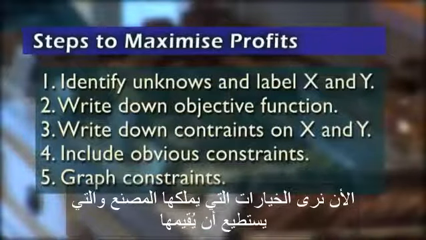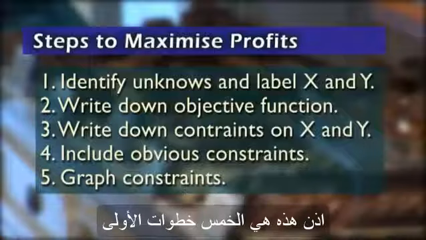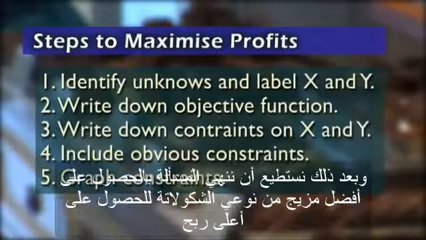Just what choices does our chocolate manufacturer have that he can consider? So let's work through these 5 steps. Then afterwards, we can see how to finish the problem by picking the best combination of chocolate batches for maximising profits.